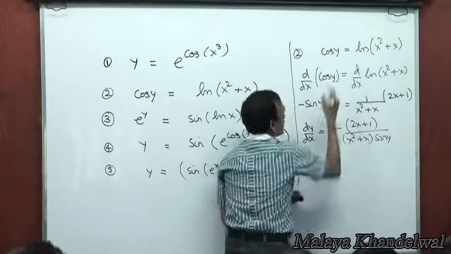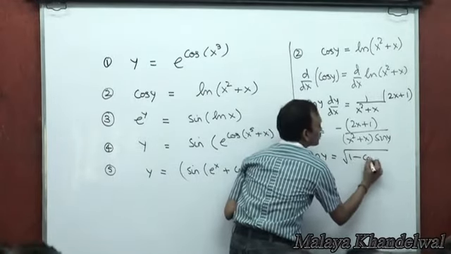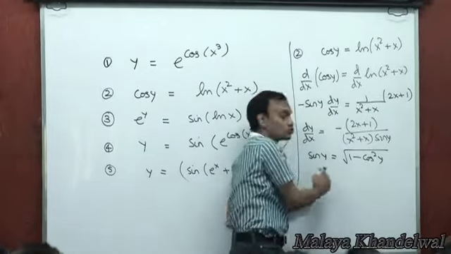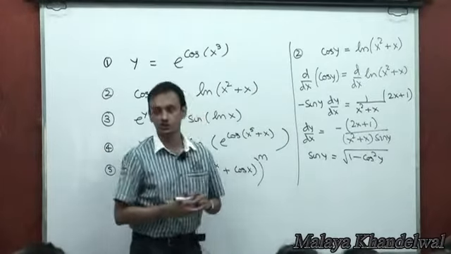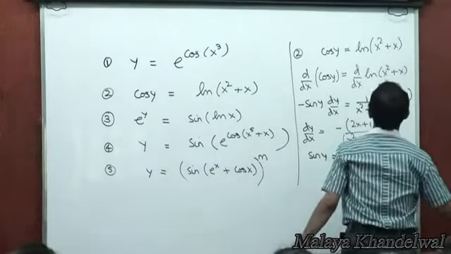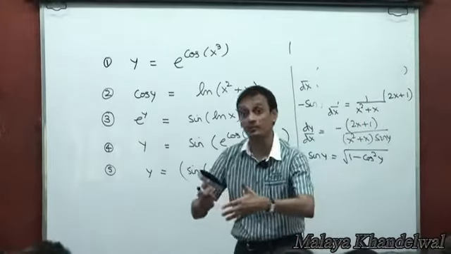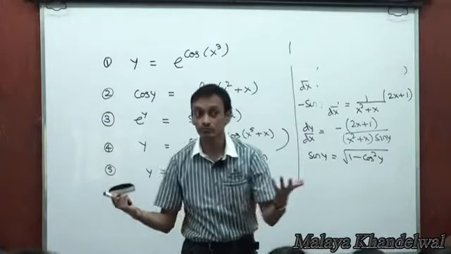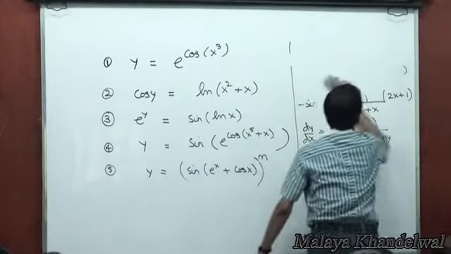I said cos y is this. Sine y is root 1 minus cos squared y, where cos y is this. So you could have written sine y exclusively in terms of x. Sometimes it may not be possible to do that. Sometimes you may not be able to isolate x and y. But in this case you can.